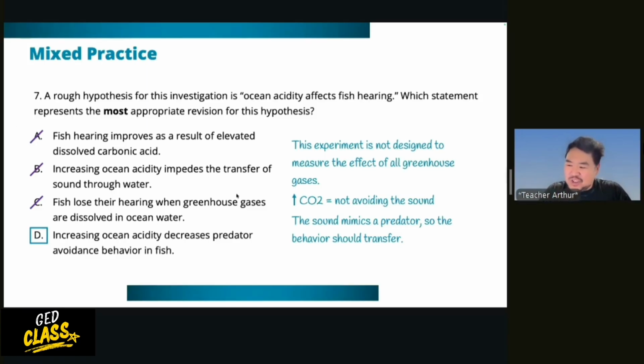Because answer choice B is emphasizing the transfer of sound. Is that what this passage was about? Is that the hypothesis? The hypothesis was about fish and how they don't hear stuff if there's more CO2. So that's why we can get rid of answer choice B as well.